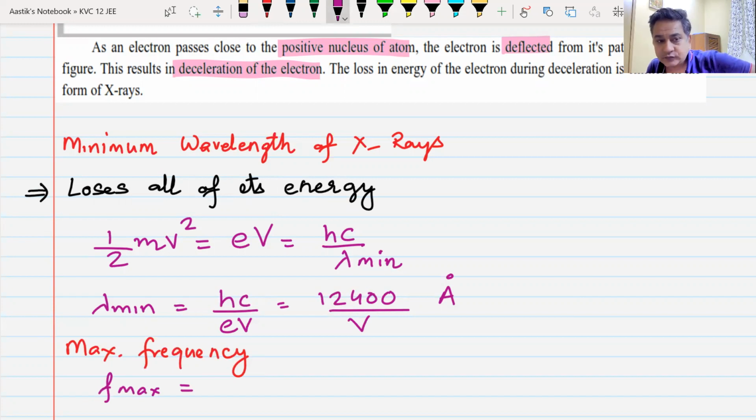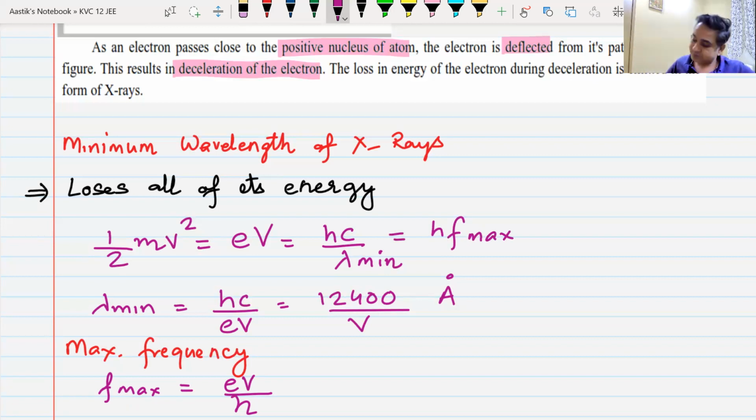Frequency max. It will be equal to eV divided by h. Do we understand this? Because this is equal to h into f max. So f max will be equal to e into V divided by h.